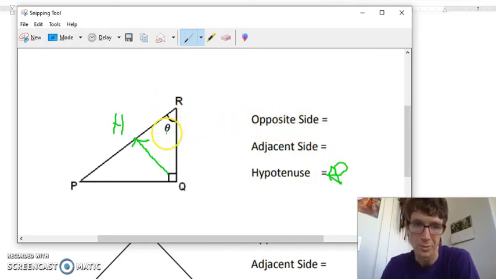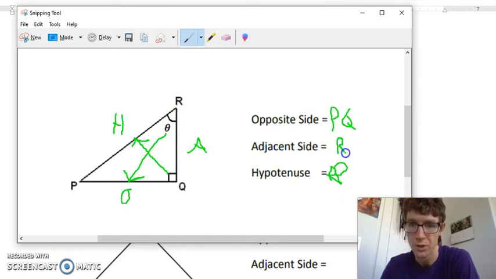Opposite is always across from my reference angle. So this will be opposite, and for this one, we can say that this side is PQ. And the adjacent is whatever's left over, and that must be RQ. So, again, real quick, that's how you do that.